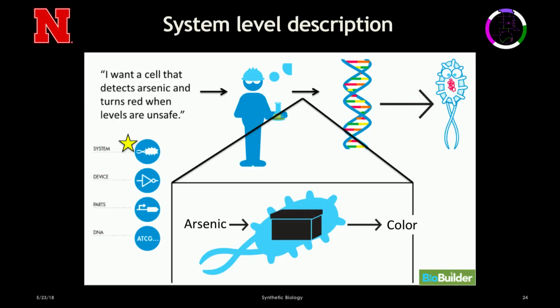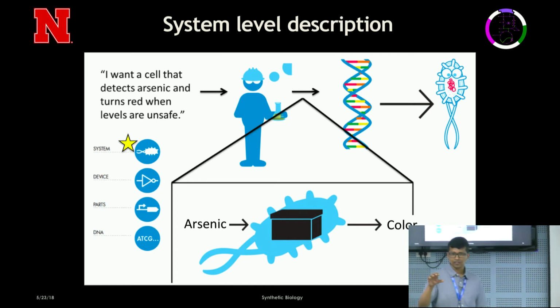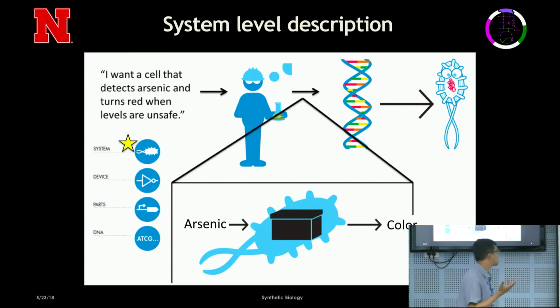The reason I am saying all this is that when you are a synthetic biologist, you need to know all these different things. When I talk about a system, I asked you a few minutes back to think about what you would like to design a system to do. I want a cell that detects arsenic and turns red when the levels are unsafe.